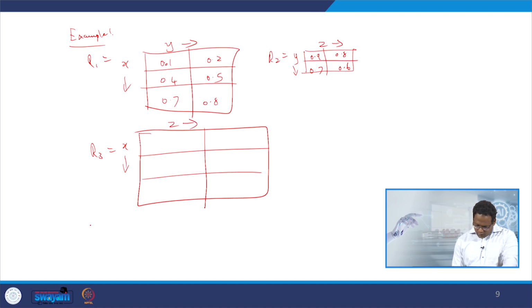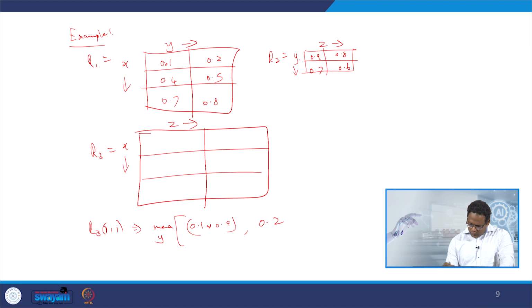Okay. So, now what is R3 of 1 comma 1? It is given by max over y of 0.1 into 0.9 comma 0.2 into 0.7.